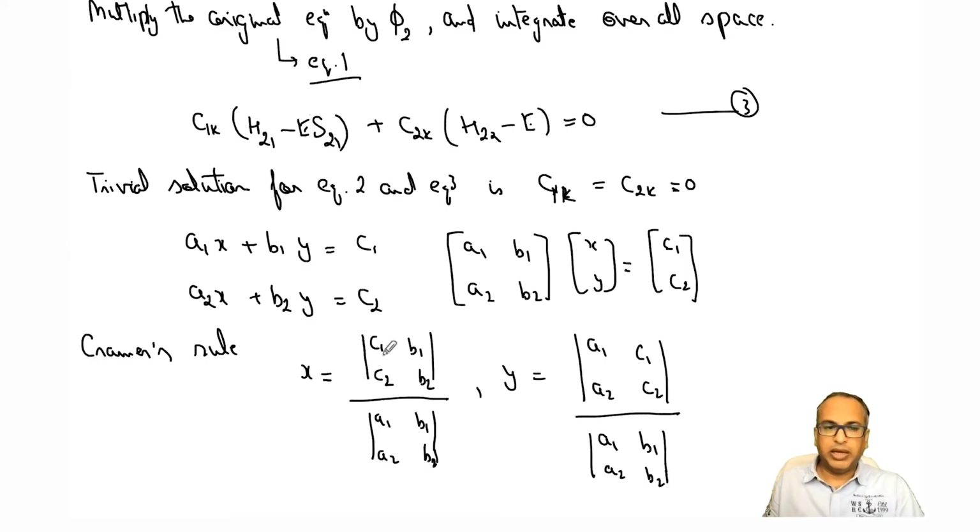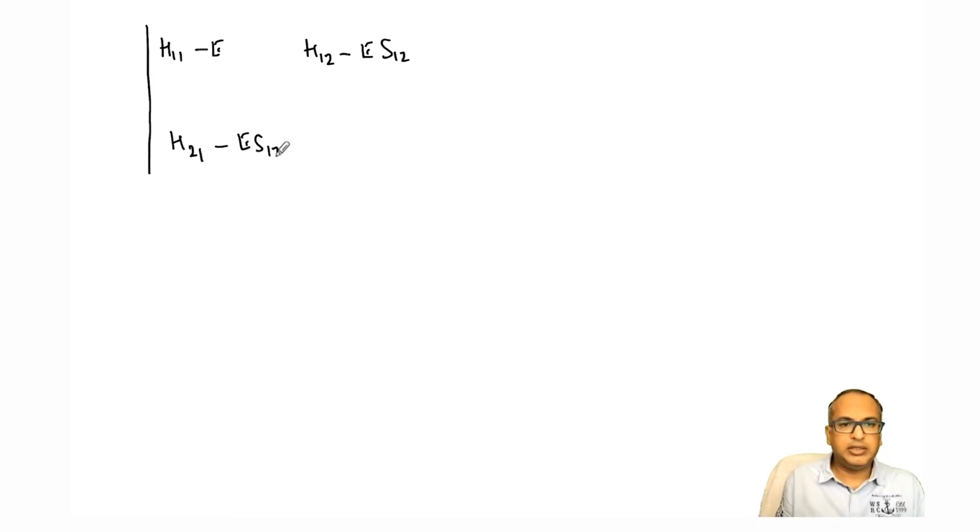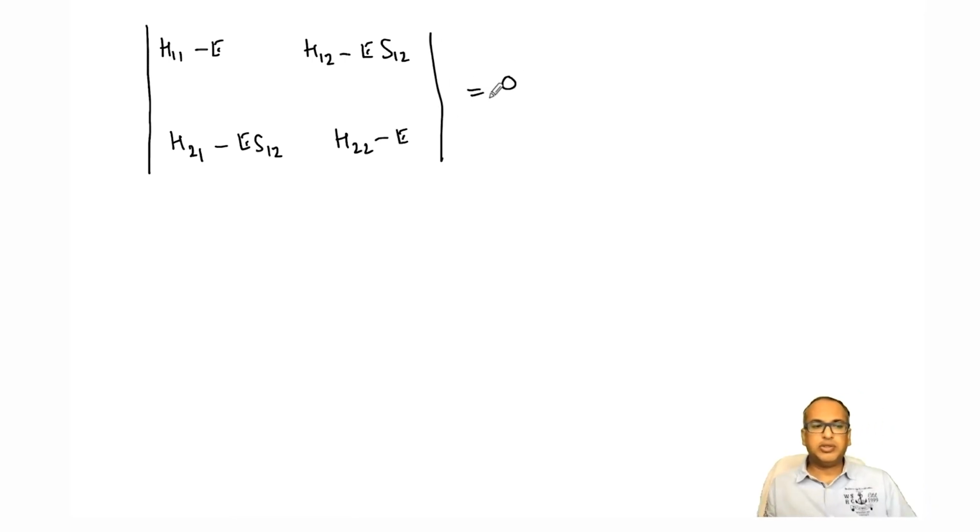Applying the same Cramer's rule to this equation, we will get the determinant H11 minus E, H12 minus E S12, H21 minus E S12, and H22 minus E. This determinant will go to 0.